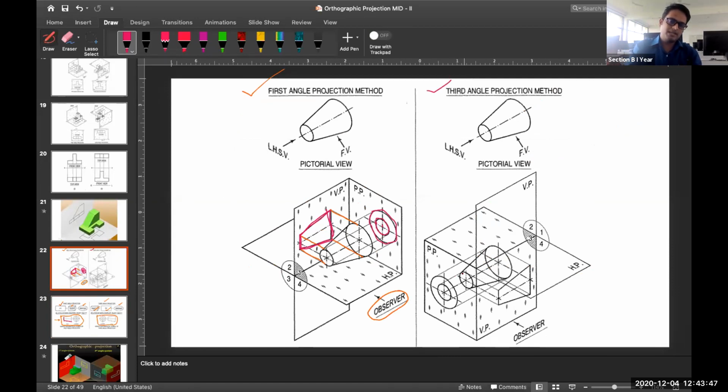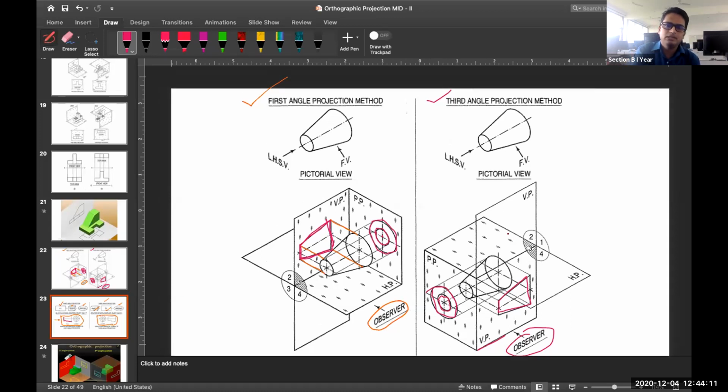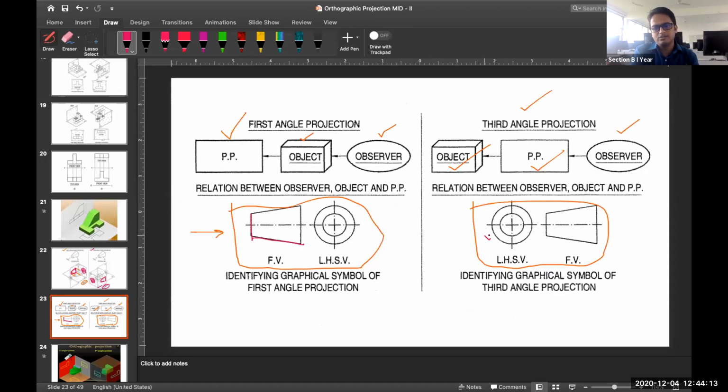Now see the case of third angle projection. Here the object is placed in third quadrant. We all know that observer is over here, then your projection plane will come, then object will come, and the projection will be on this side. In side view you will get circles, so the circles will come on to this side. So this is why here your circle is on left hand side, and the projection of your frustum of cone, the front view, is coming on this side.